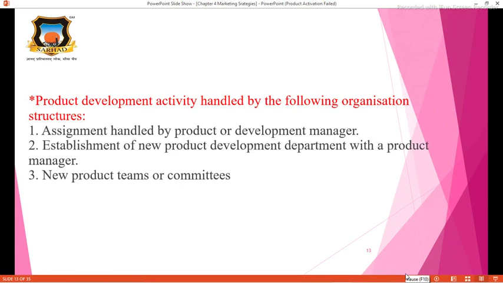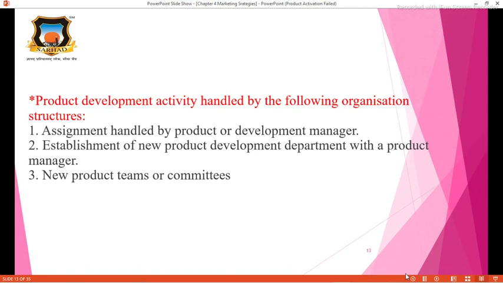Let us see product development activity handled by the following organization structure. The first is assignment, handled by a product or development manager. Most companies do not wish to recruit new persons or transfer persons to a new post. They prefer to give the new assignments to the existing staff.